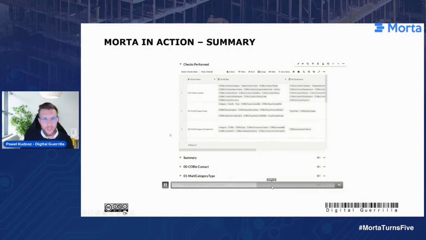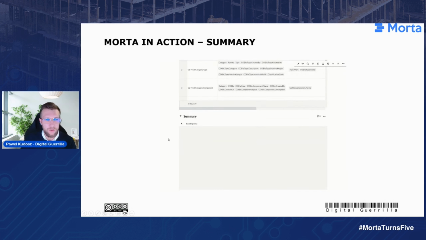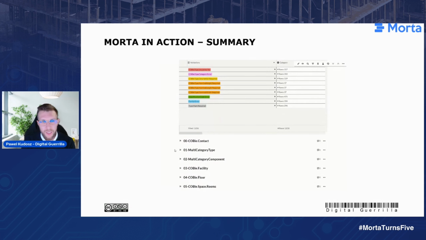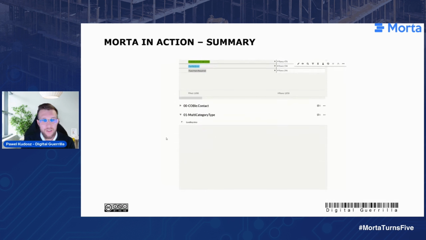And then if we move on, we would be able to just go to the summary, which is what we have already looked into. So this includes all validations listed, and all of the design teams would be able to just get into it and see what's incorrect.